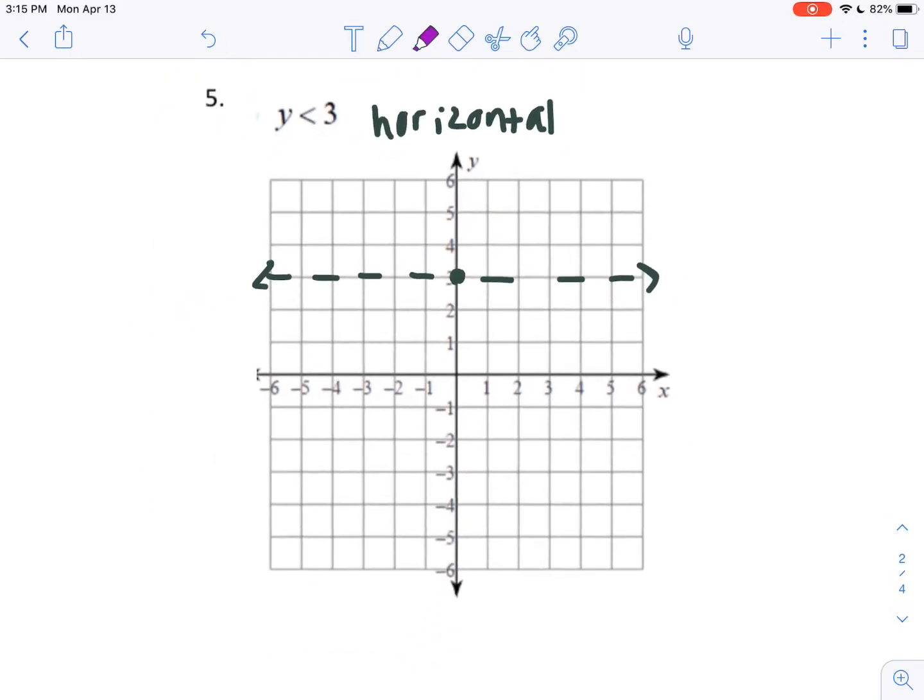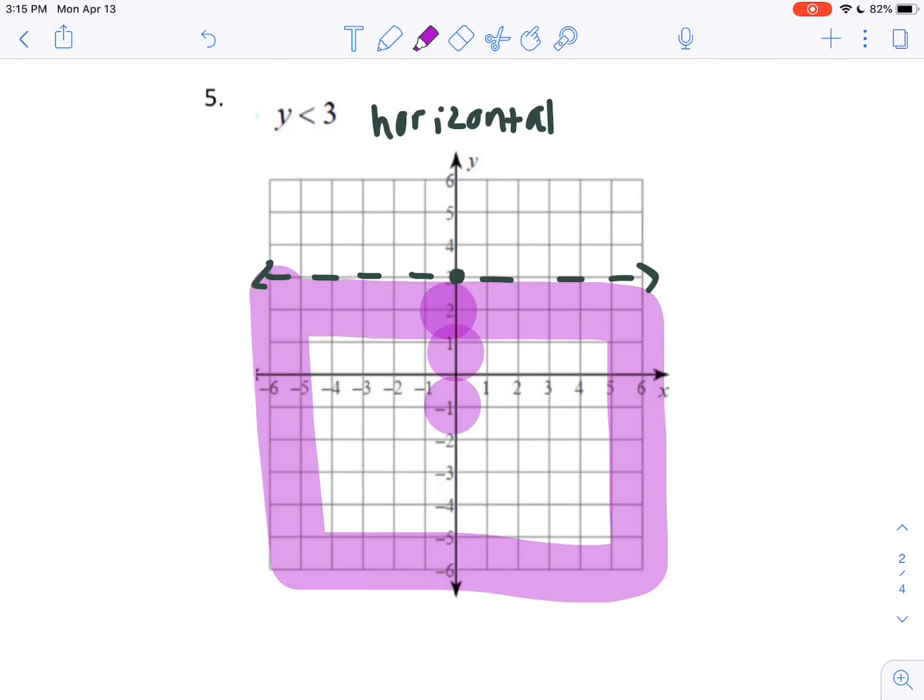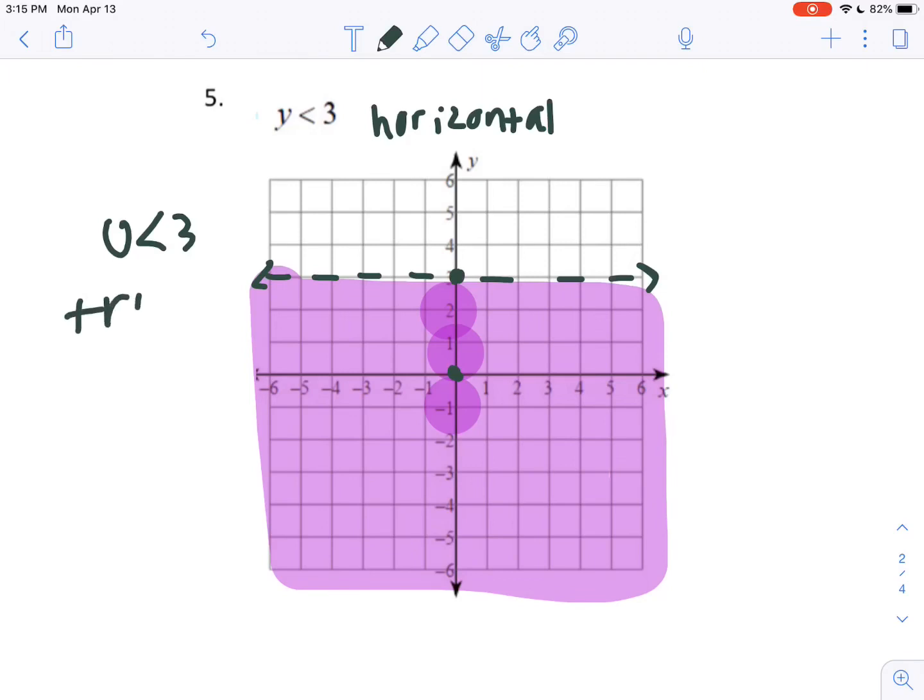Well, that's below the line, right? 2, 1, 0, negative 1. All of those are less than 3 on the y-axis, so this is where the solution area is. Or again, you could pick your test point, let's say 0, 0, so 0 is less than 3, that's true. So you're going to shade on the same side of the test point.